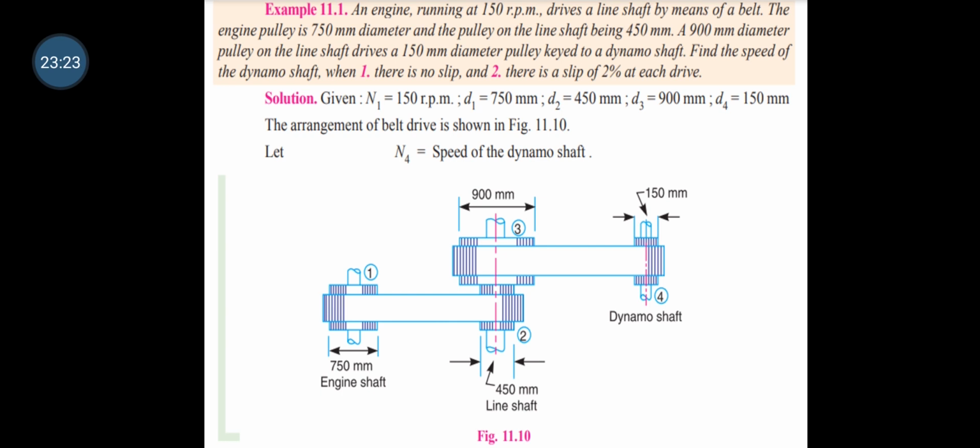It is a compound drive, and the same line shaft has a 900 mm pulley that drives the dynamo shaft of 150 mm diameter. So we find the final speed of the dynamo shaft.